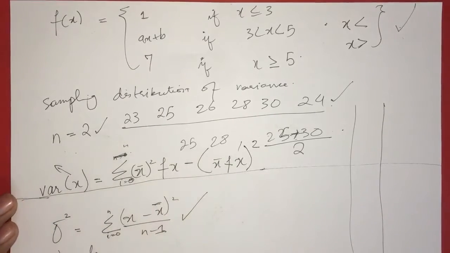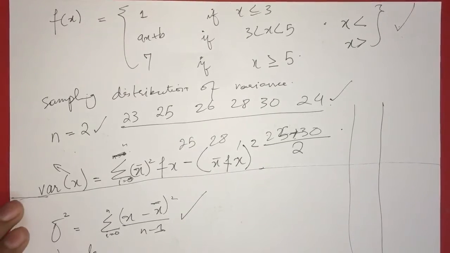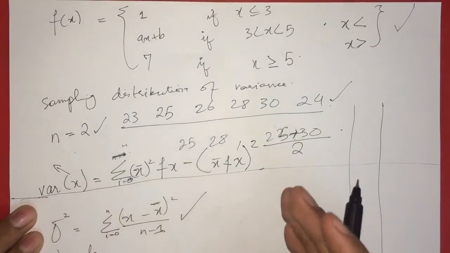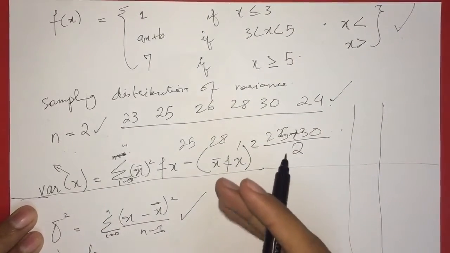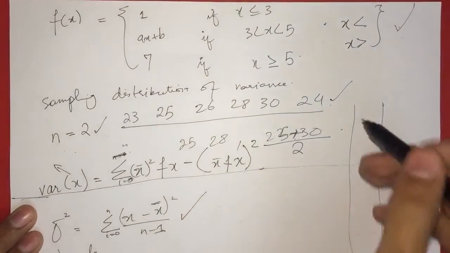So in this inferential statistics, we make inferences about the population from a given sample. What variance is, it actually tells you the individual distance of each sample point from the mean on average.